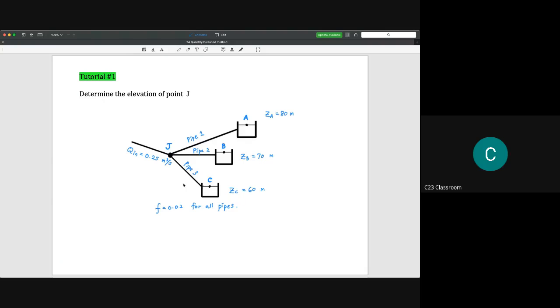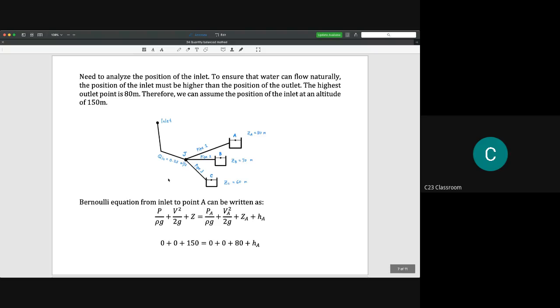But the problem is we don't know what the flow rate for each pipe is. Because if we assume that there is a pump here, the inlet can be from anywhere.